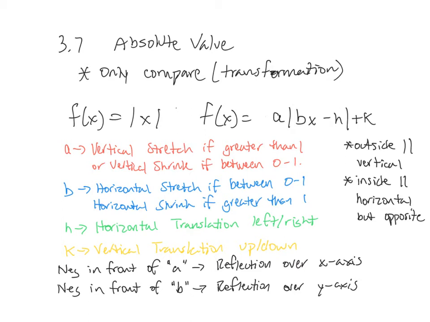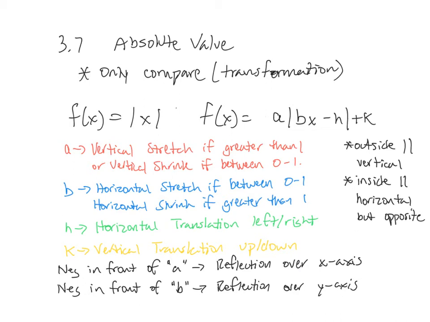But they're identical in that it's either inside or outside an absolute value, or inside or outside parentheses from the other day. Okay, but they're consistent in that if there's a number being added at the very end, like where the k is, it's always going to be a vertical translation up or down.